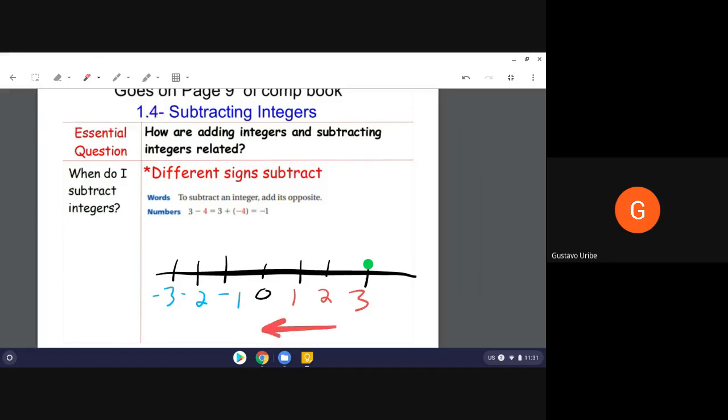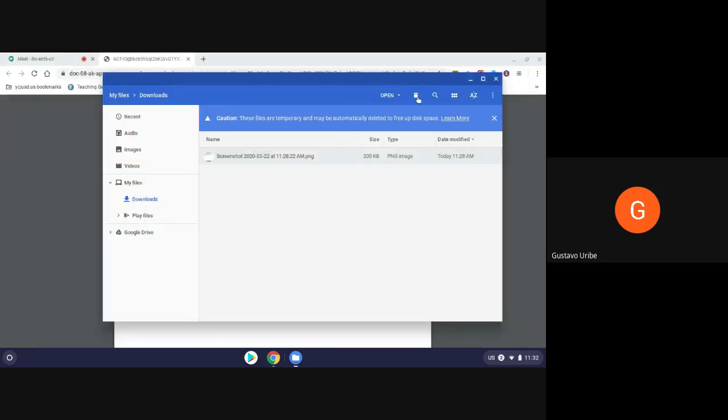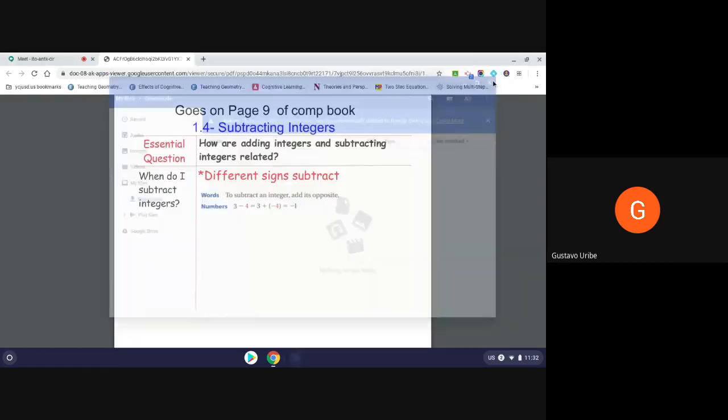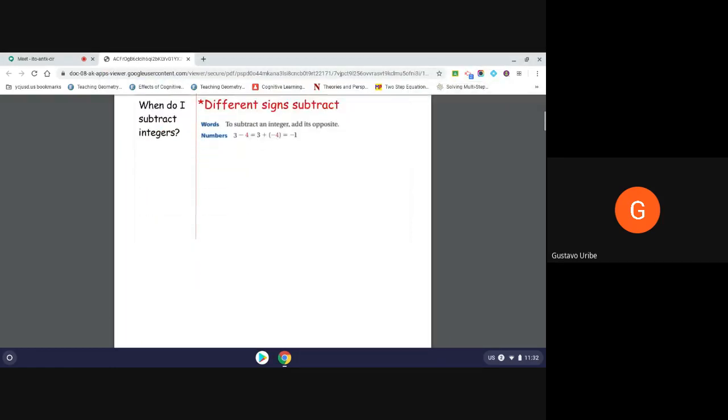Subtracting, decreasing would be going to the left. So we're going to start at 3, and we're going to go to the left 4. 1, 2, 3, and 4. And as you can see, we are ending up at our negative 1. So 3 minus 4 actually gives us a negative 1. So that's another way, if you would like to be drawing your number line.